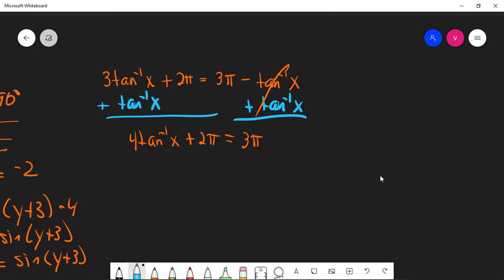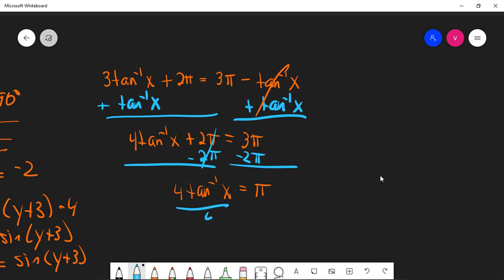Let's get the pi's together. So minus 2 pi on both sides. Algebra, algebra, algebra. So you're going to end up with 4 tan inverse x is equal to pi. Divide by 4, both sides. So you get tan inverse of x is equal to pi over 4.